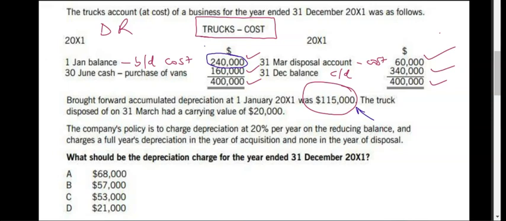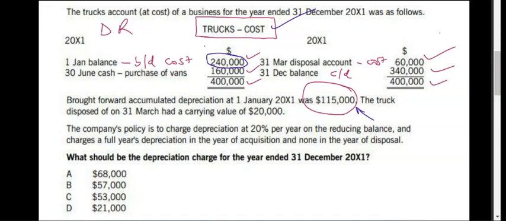The cost there is the original cost of the assets, because we are told that this T account is presented reflecting the cost of the assets. So if you want to arrive at the carrying value of the assets, you need to take into consideration the accumulated depreciation to date.